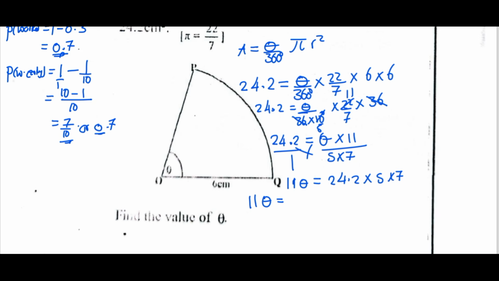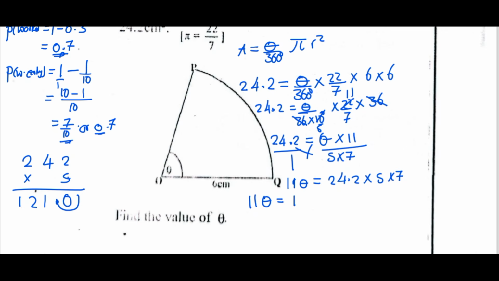So let's do this: 2, 4, 2. Let's ignore the point for now. Multiply by 5. 5 times 2 is 10, carry 1. 5 times 4 is 20 plus 1, 21, carry 2. 5 times 2, we have 10 plus 2 from the 20, we have 121. If we bring back our decimal, this will be 121.0.